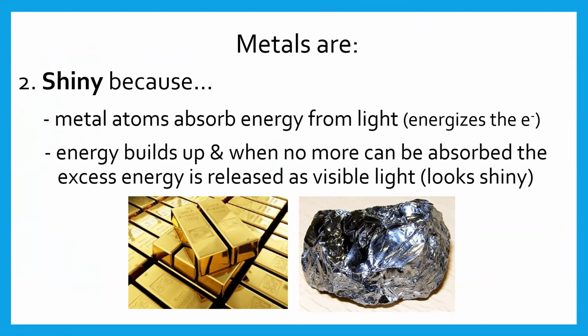But it's just like with anything, there's only so much you can take in before it has to be released. Think about drinking water. You drink a ton of water, eventually you have to go to the bathroom to release it. Same idea. All of this energy is going to build up, but when no more can be absorbed, the excess energy is released, and it's released as visible light. To us, it looks shiny. Because these electrons are energized, when no more energy can be absorbed, it's released, and you see this visible light.